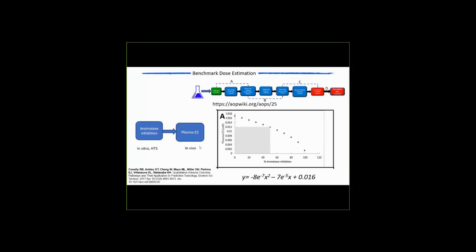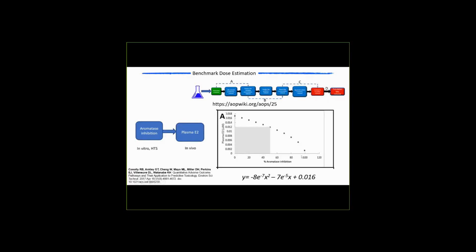And so in describing these key event relationships, and again, this is an example of an AOP that's in the AOP wiki. This one links inhibition of the enzyme aromatase to reproductive failure in oviparous vertebrates. In this case, in describing this key event relationship between the molecular initiating event and one of the intermediate key events, concentrations of the steroid 17-beta-estradiol in plasma, we actually have defined the quantitative relationship between these two key events.